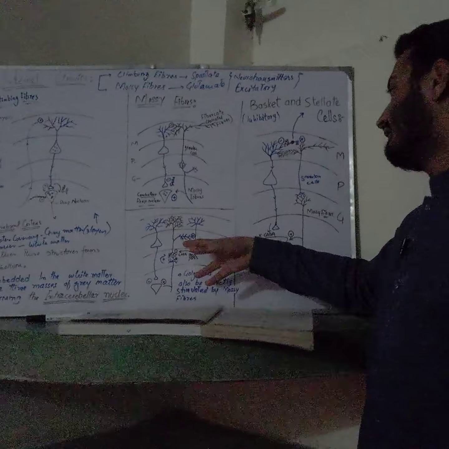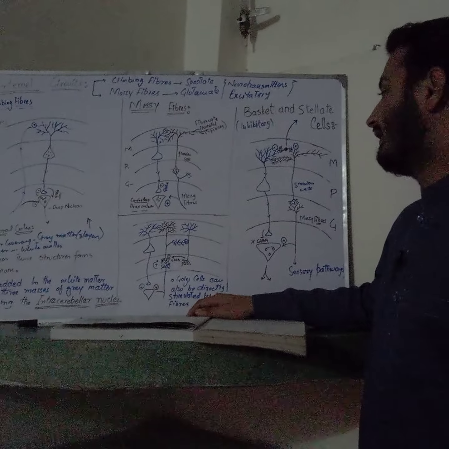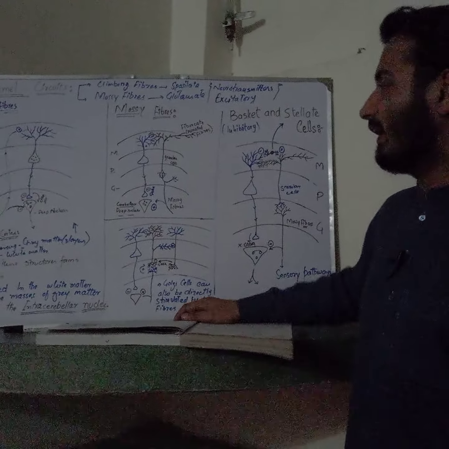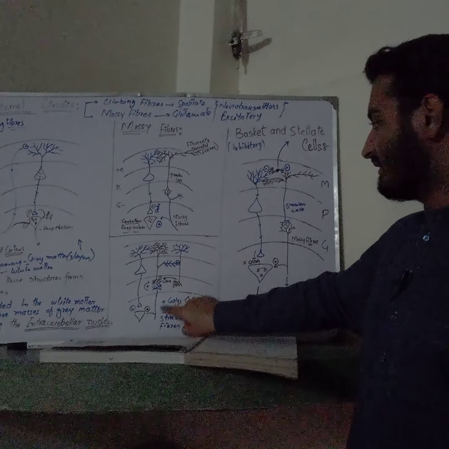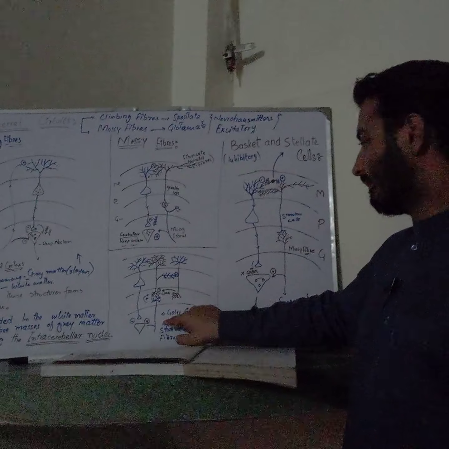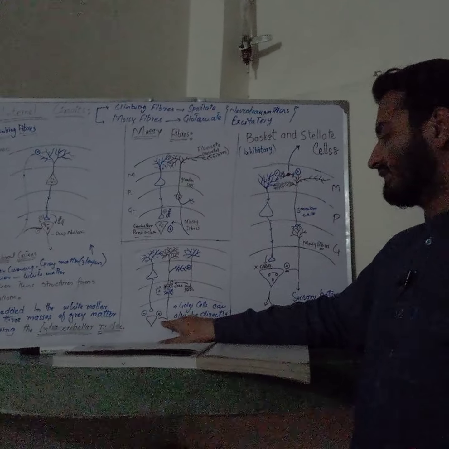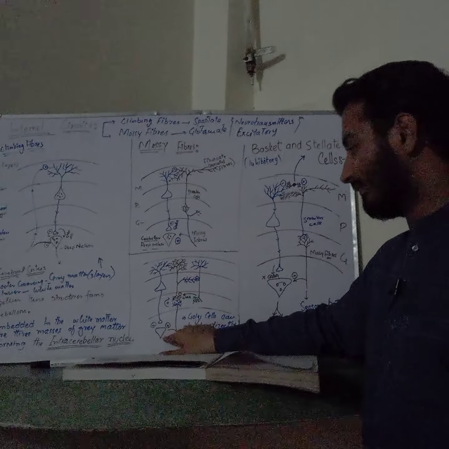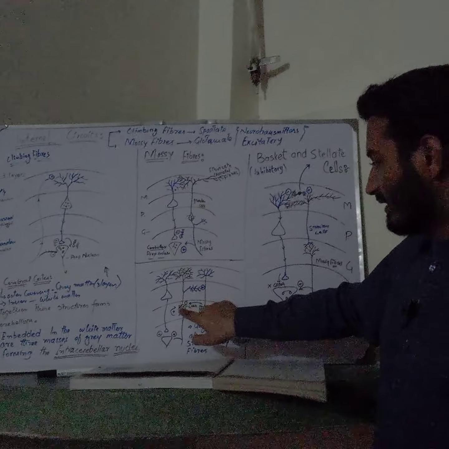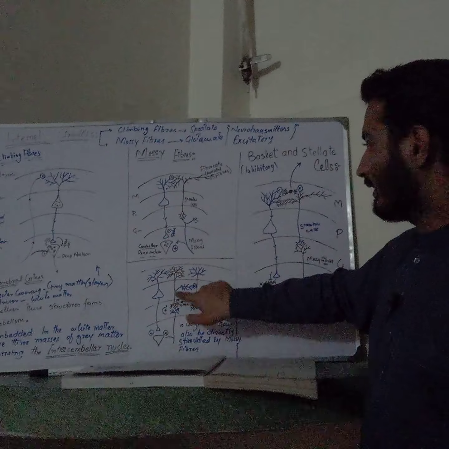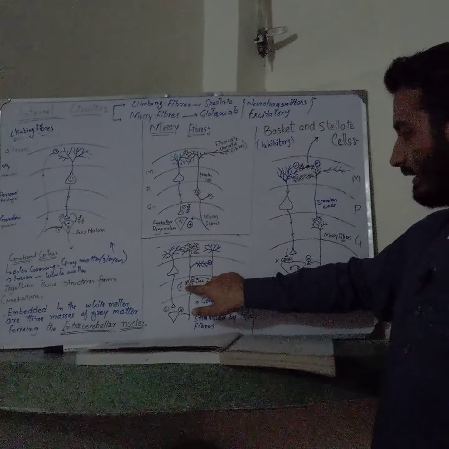Now we have another cell here, which is a little bit trickier than this one. As these mossy fibers are moving up, they release this excitatory neurotransmitter on the deep nucleus. Then they move upward and stimulate the granule cells here.